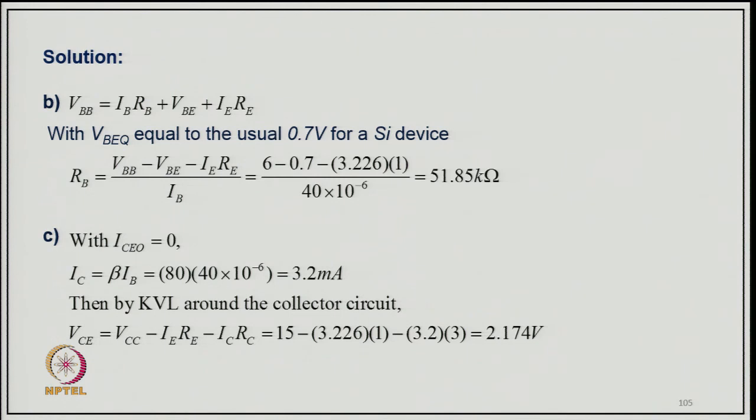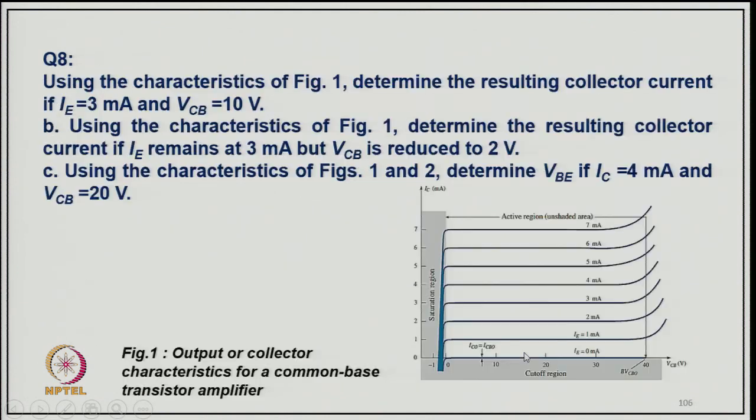With VBE equal to the usual 0.7 volt for a silicon diode, RB comes VBB minus VBE minus IE RE divided by IB, putting the value it comes 51.85 kilo ohm. With ICO equal to 0, IC equals beta IB, putting the value it comes 3.2 milliampere, and then by using KVL from the collector, VC equals VCC minus IE RE minus IC RC, and putting the values it comes 2.174 volt.